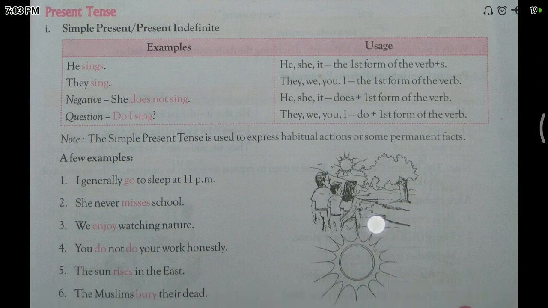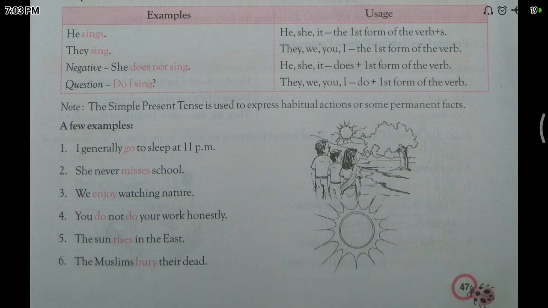And now into negative, we use does not and do not. When we use do not, we generally use it with the plural subject. So do not is used with the plural subject, and does not is used with the singular subject.